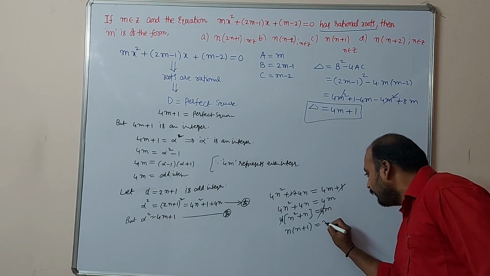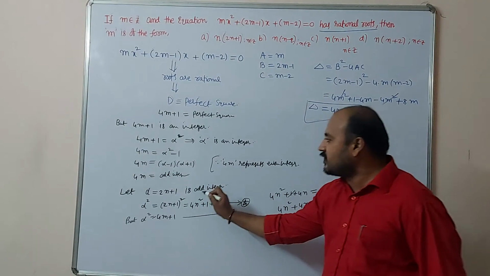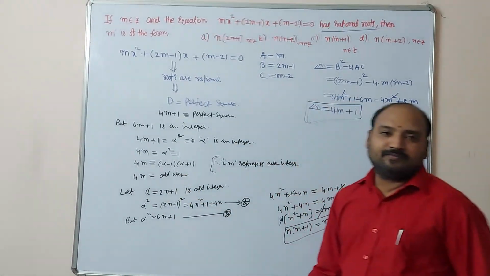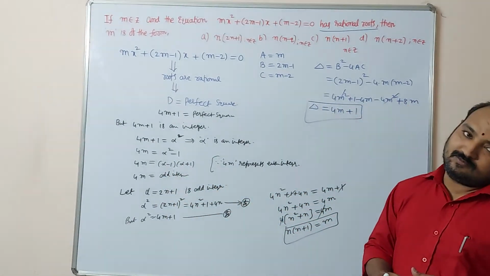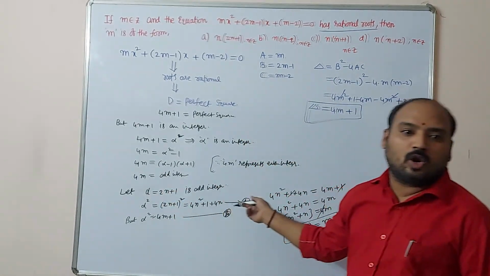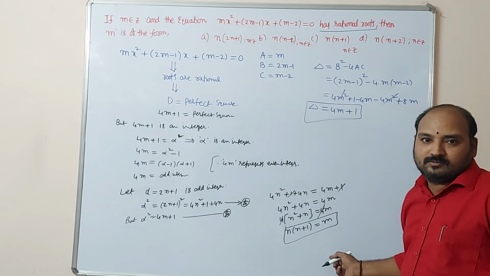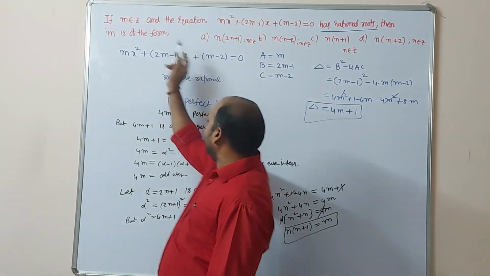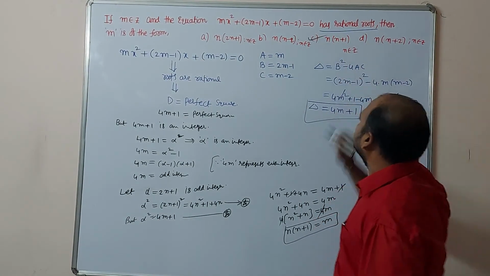Here we are assuming that alpha is 2n plus 1, an odd integer. 2m is an even integer, so alpha minus 1 or alpha plus 1. So m is equal to n into n plus 1. Okay. So m can be expressed in the form n into n plus 1. n into n plus 1 is there in the third option.